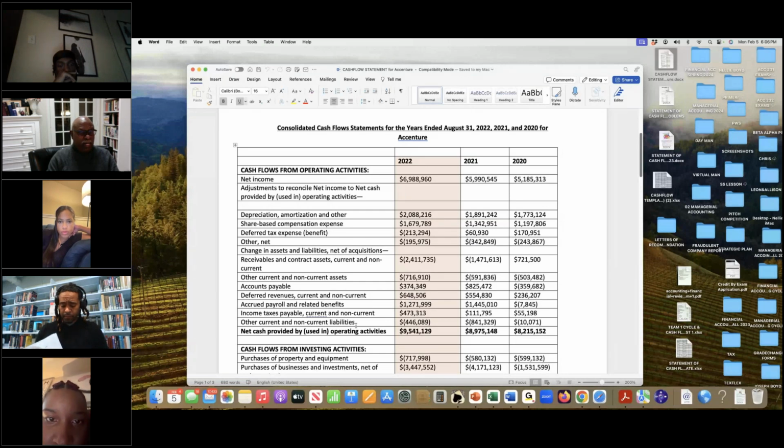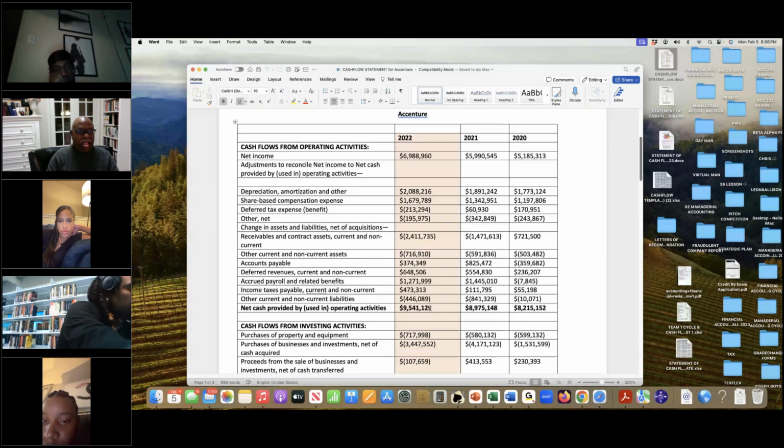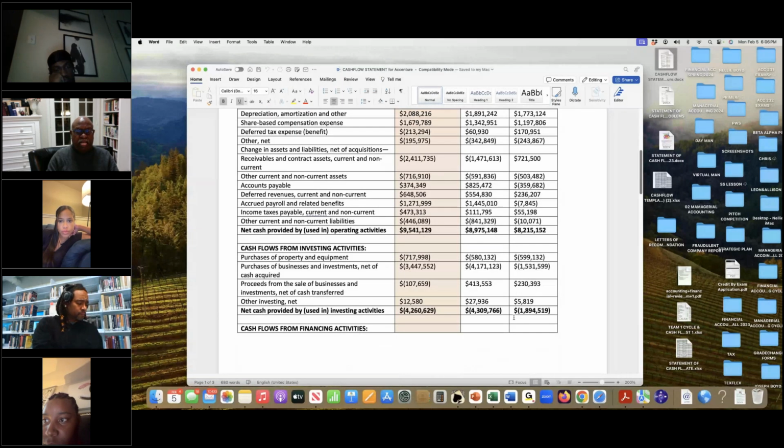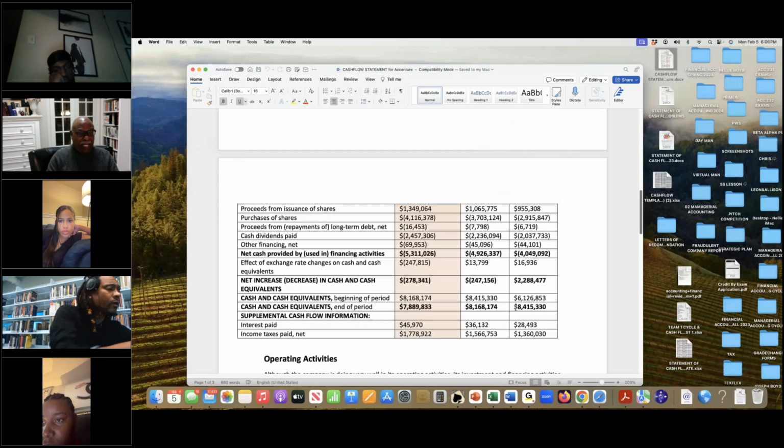You can put the details in. This is public information, but it showed the net cash flow from operations. Then it showed the cash flow from investing activities. You can put the detail in, but it's the totals that I'm interested in. And then the cash flow from financing activities.